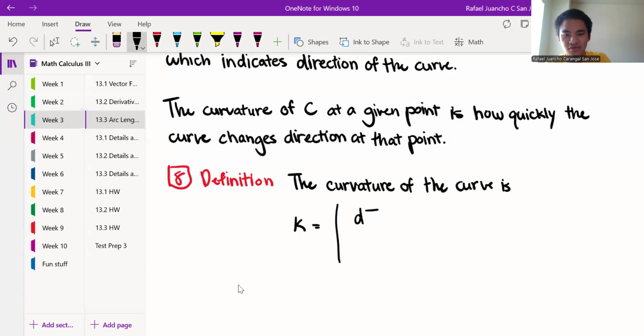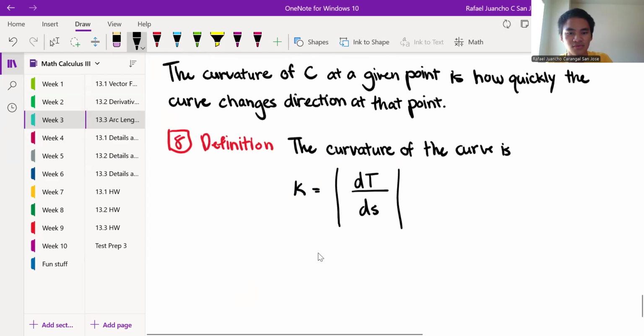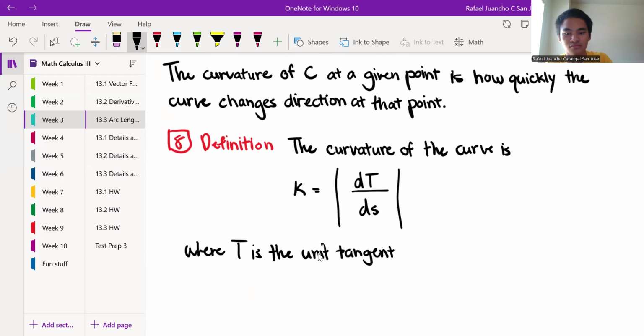We get the derivative of its unit tangent vector with respect to s. So here I'm using Leibniz notation, where T is the unit tangent vector. So that's our definition of a curvature.